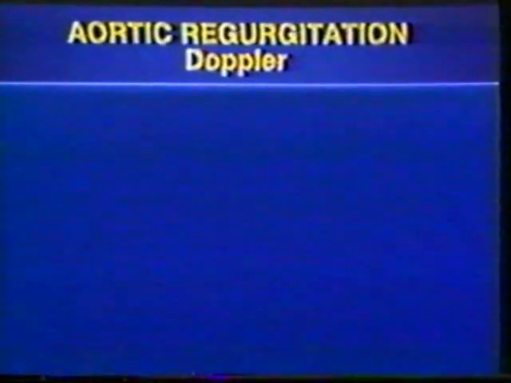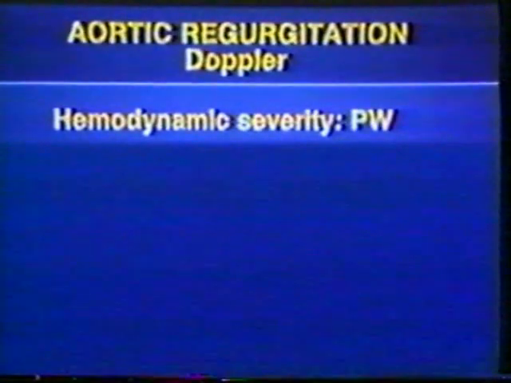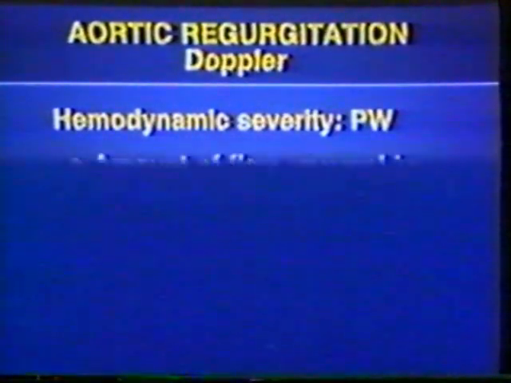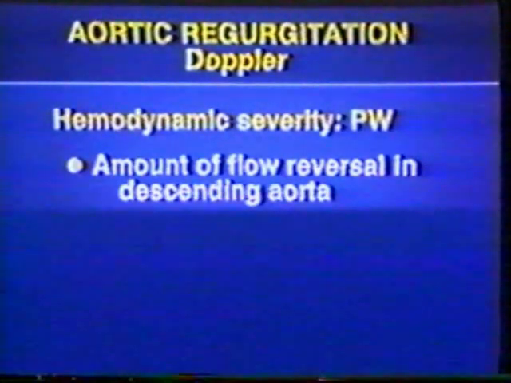Having discussed the utility of color flow imaging and continuous wave Doppler in semi-quantitating the degree of aortic regurgitation, we will now discuss the utility of pulsed wave Doppler in this same context. The amount of diastolic flow reversal in the aortic arch provides insight into the degree of aortic regurgitation.